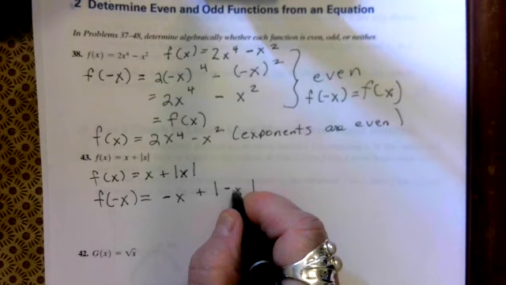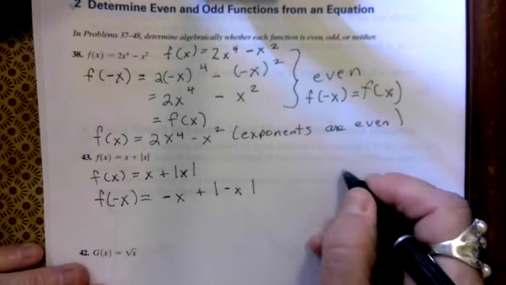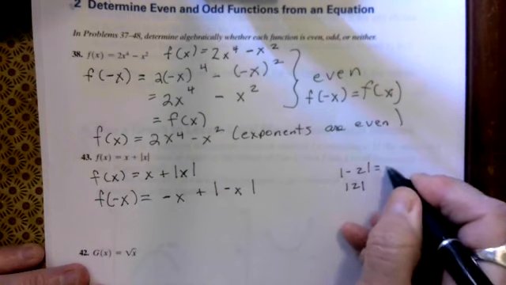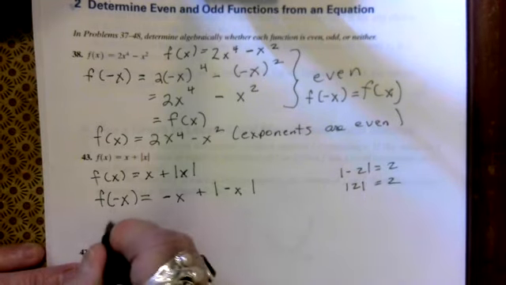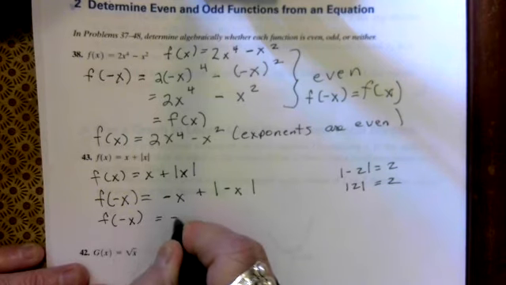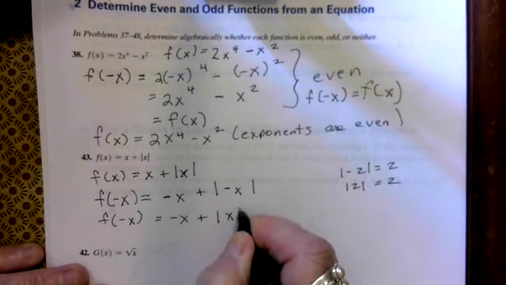Now, when you take the absolute value of a number, like if you had the absolute value of negative 2 and the absolute value of 2, they're both going to give you positive 2. So really the absolute value of negative x is just the same thing as the absolute value of x.